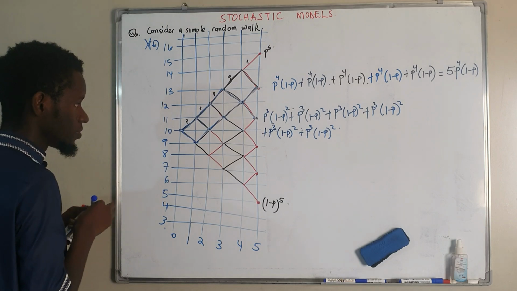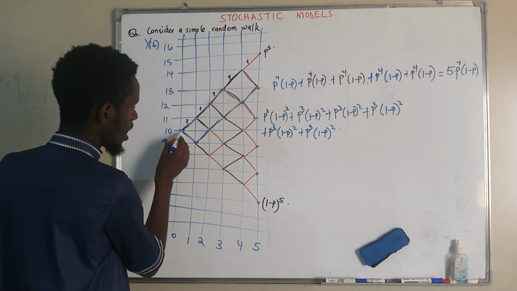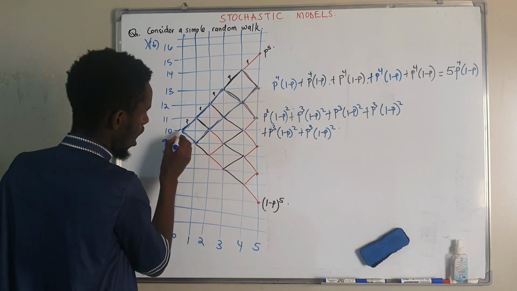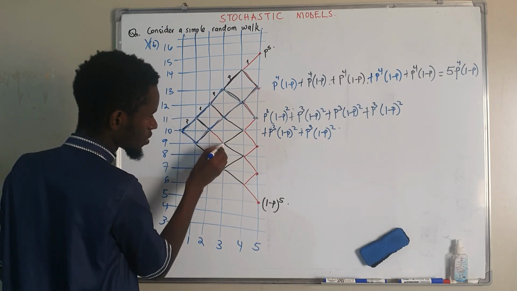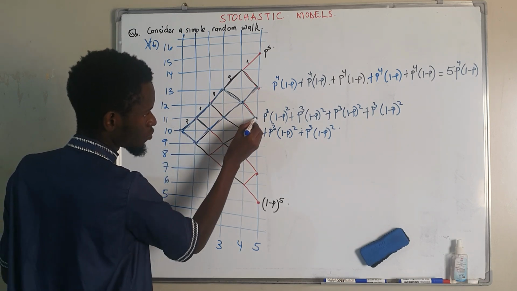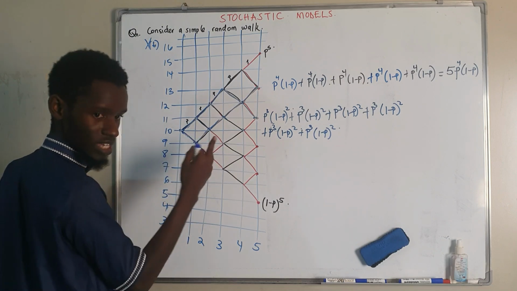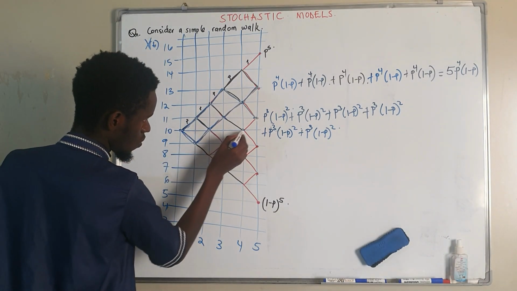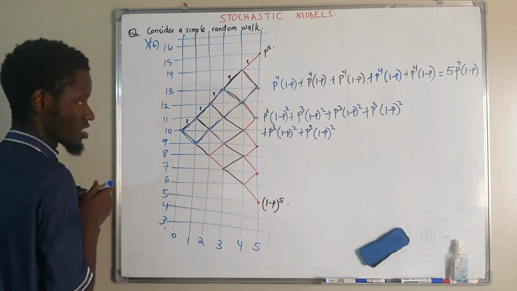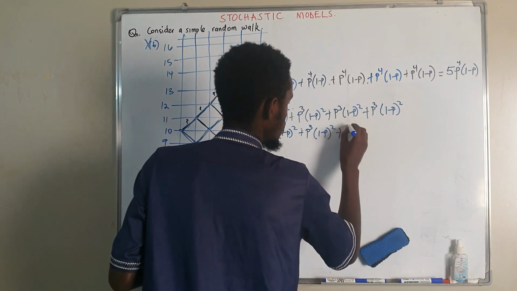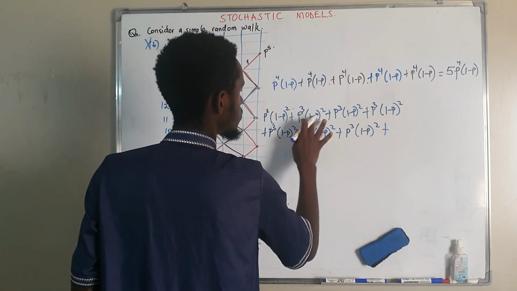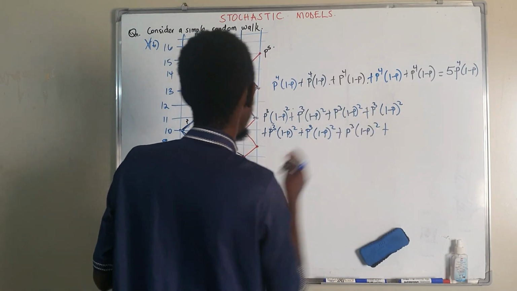Now the other attempt may be, I may move down twice like this, from here to here, then to here. I'm moving down, moving up, moving down. I move up once, I move up twice. Okay, I'm moving up thrice, I'm moving down twice. After I reach that side, that's the same as having p cubed into 1 minus p squared. And then 1, 2, 3, 4, 5, 6, 7.